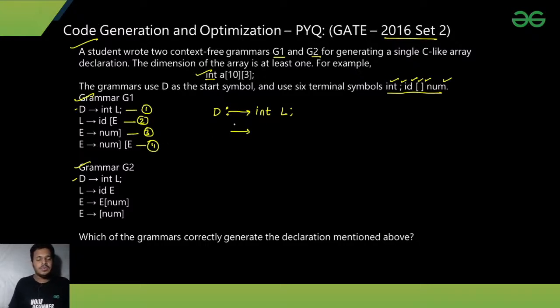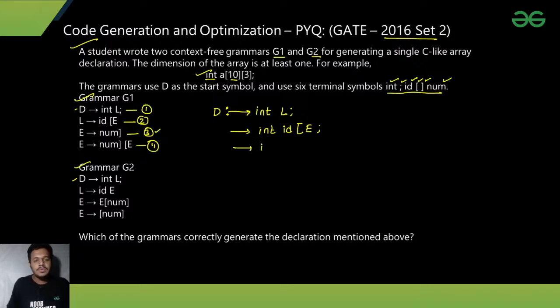Let's use the second production rule. Instead of this L, we will place ID, starting braces, and E. Okay, so we have used the second production rule. After the starting braces, some number should be there, so we need to use the third production rule.